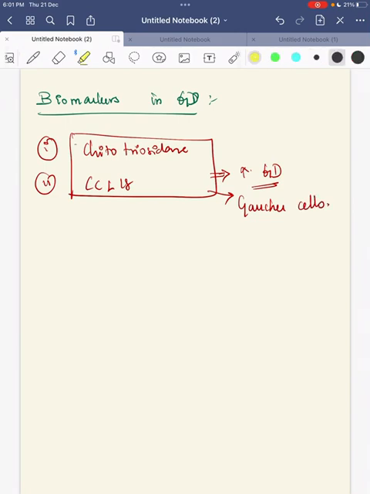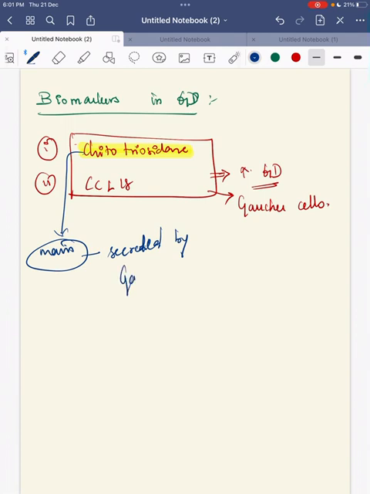Among these two, chitotriosidase is the main biomarker, which is being secreted by Gaucher cells. This chitotriosidase will also be elevated in other lysosomal disorders and even in thalassemia.